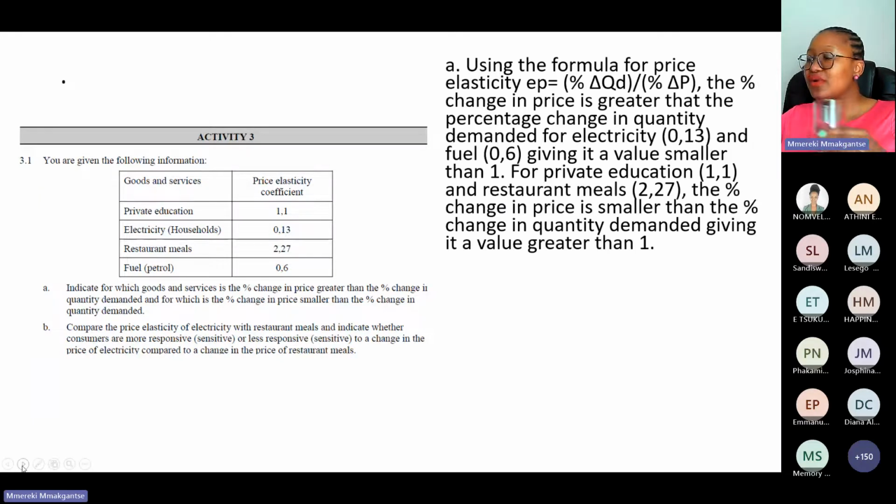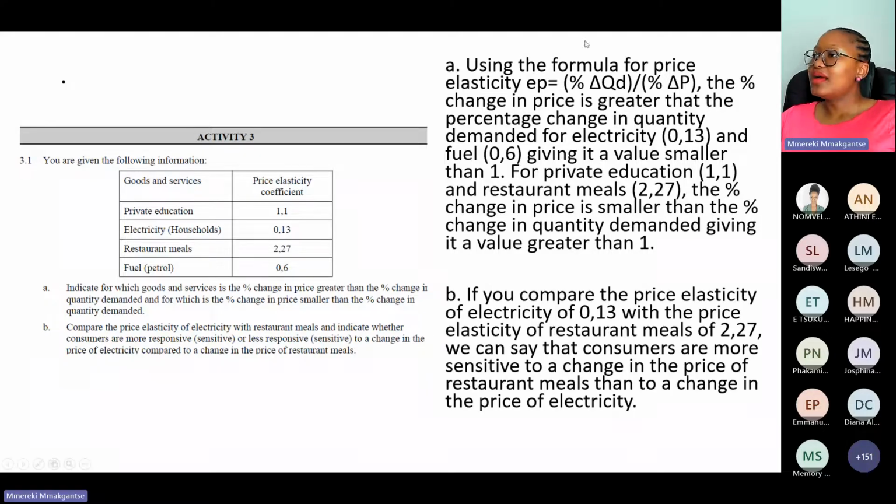We are running out of time, so I'll just rush. Today's lesson is packed. All right. So using the formula for price elasticity, remember, percentage change in quantity demanded divided by percentage change in price.